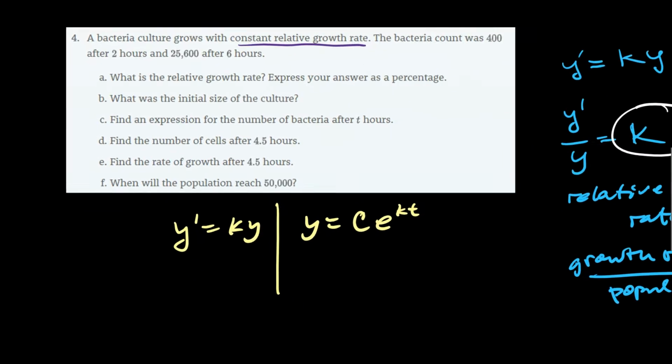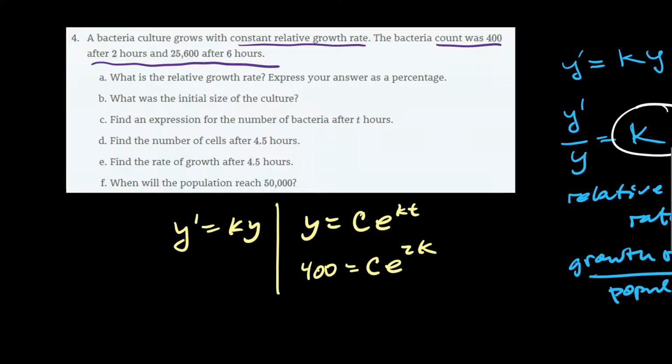So using what we have up here, the bacteria count was 400 after 2 hours and 25,600 after 6 hours. We can plug those two values in. So 400 after 2 hours: 400 equals c e to the k times 2, so 2k.